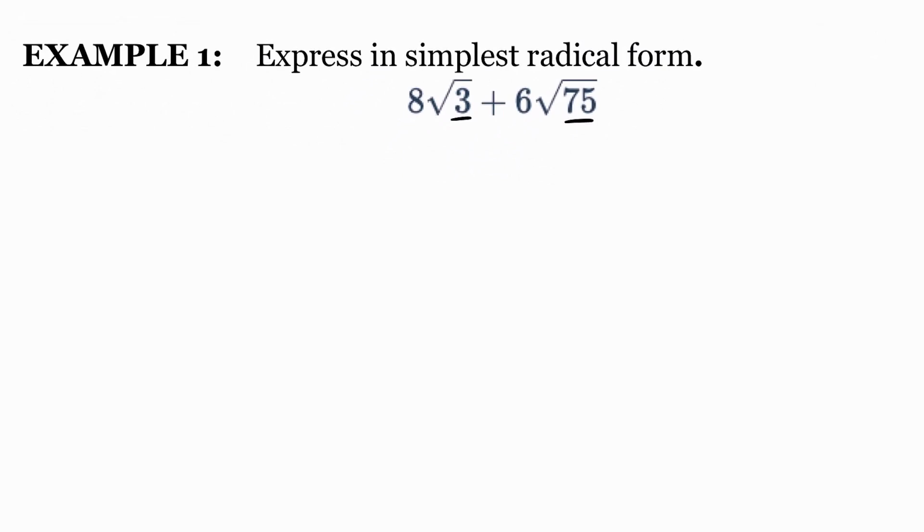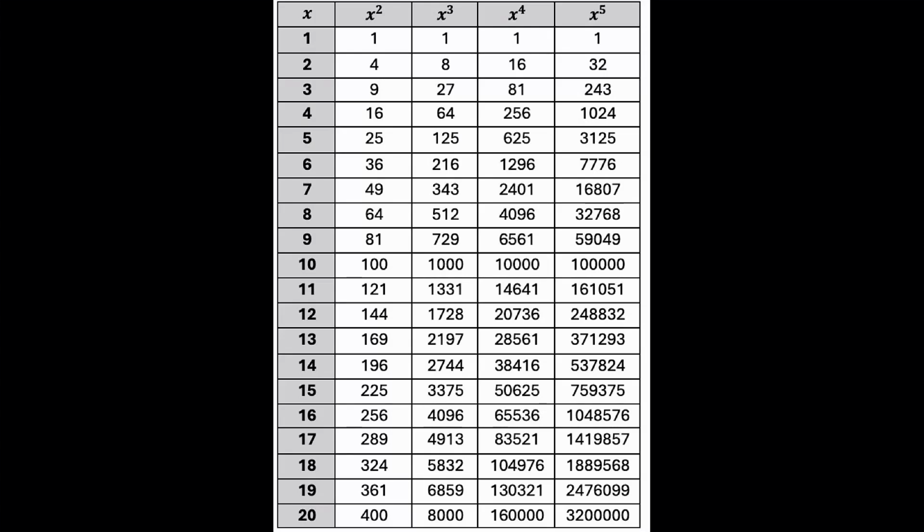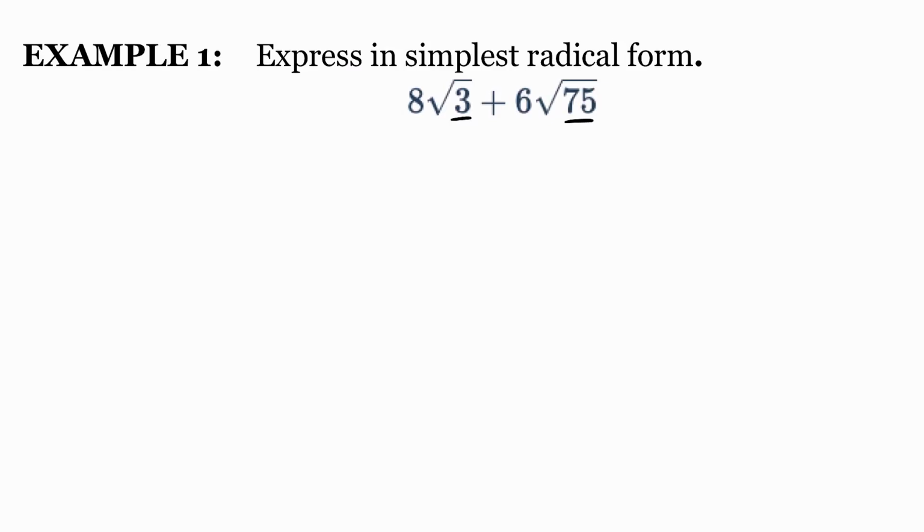Since this is a square root, we're going to look at the square root table. So we're going to look to see which of these numbers can go into both 3 and 75.